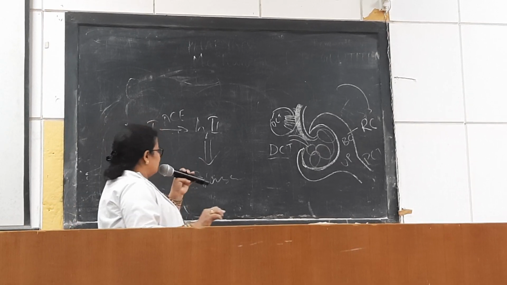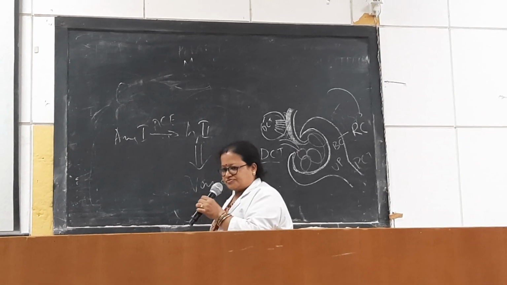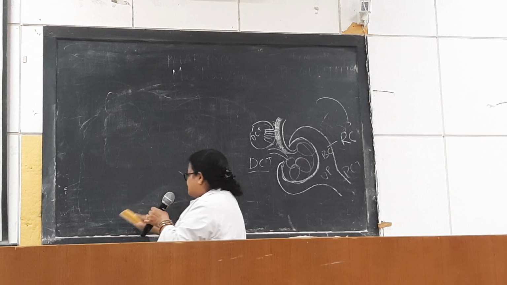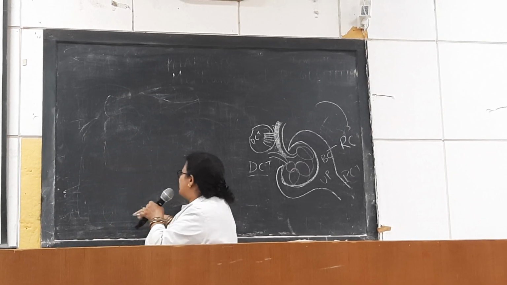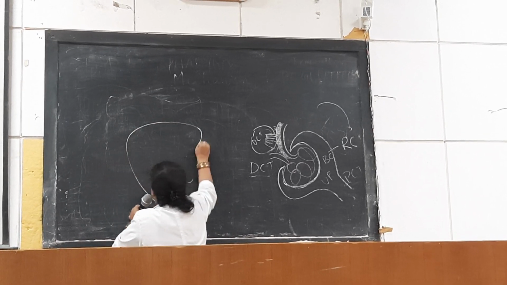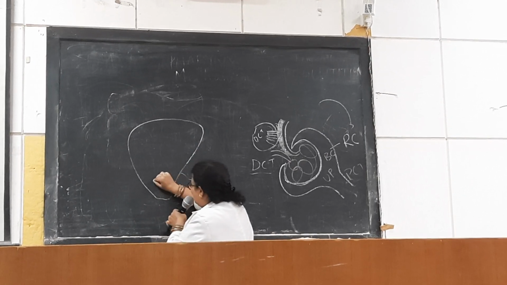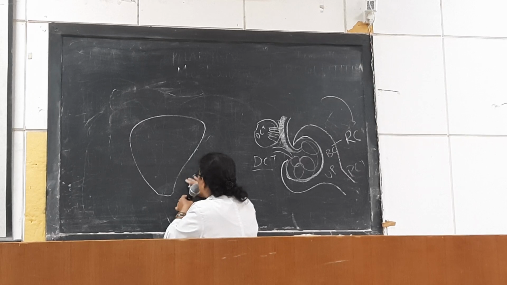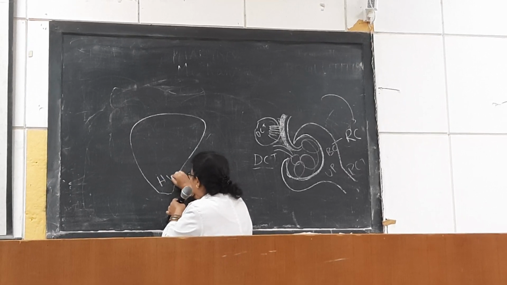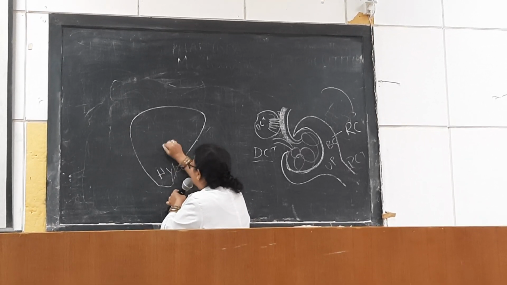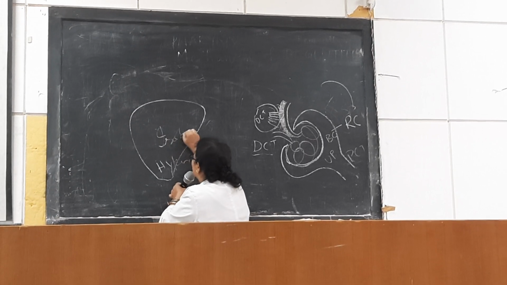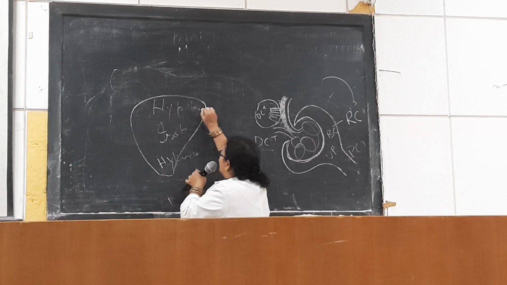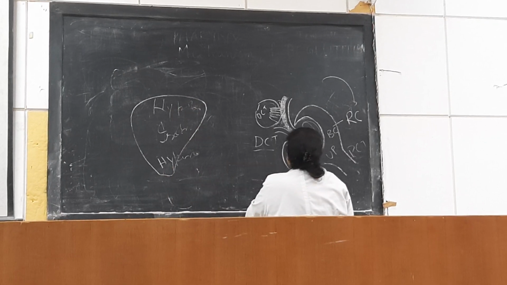So in the renal pyramid, in the interstitium, the apex is hypertonic, the middle part is isotonic, and towards the base is hypotonic.